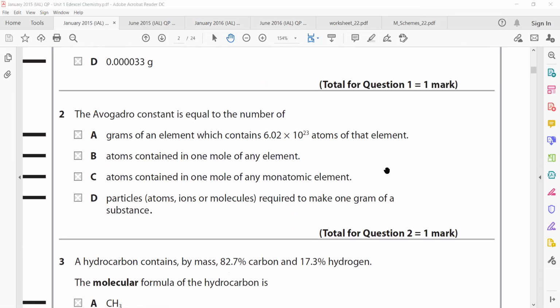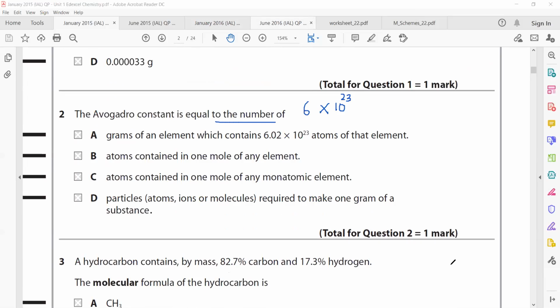Question 2. Avogadro's constant is equal to the number of what could be the answer? Avogadro's constant basically means which contains 6 exponent 23 particles. It can be atoms, it can be molecules, but 6 exponent 23.